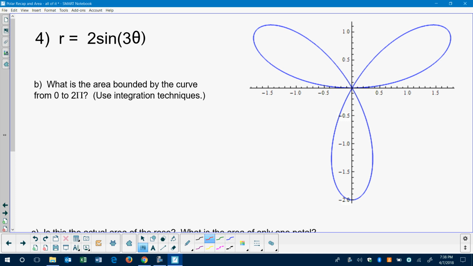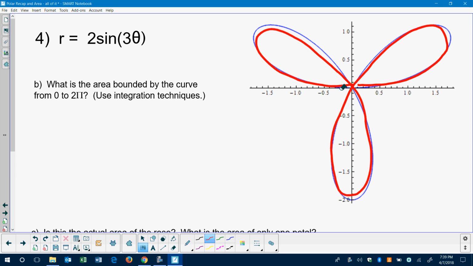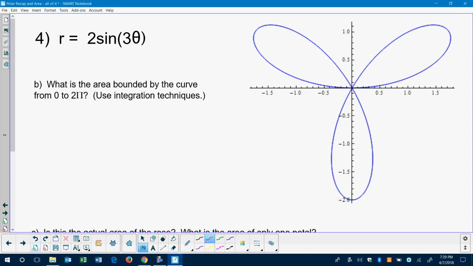If you set the theta step small, like 0.01, then the graphing will go more slowly and you can watch how the curve comes out like this, comes down like this, and then comes around to do this third petal of the rose. In case that's tricky for you, certainly feel free to make use of the technology that way.